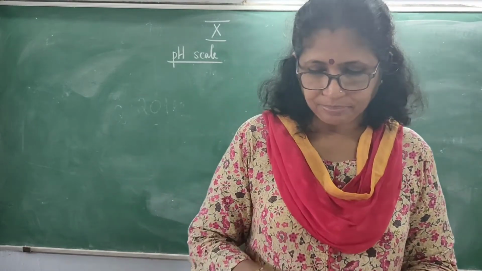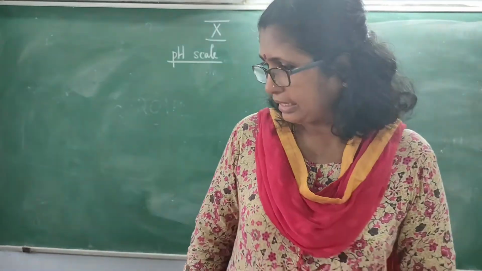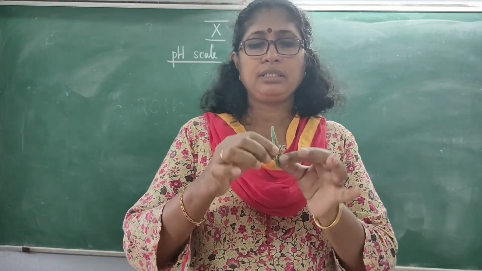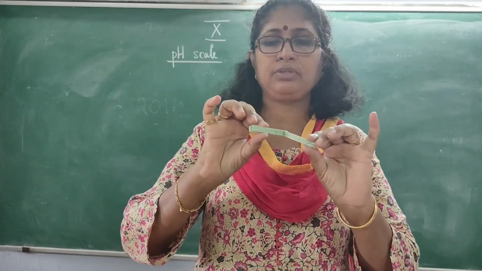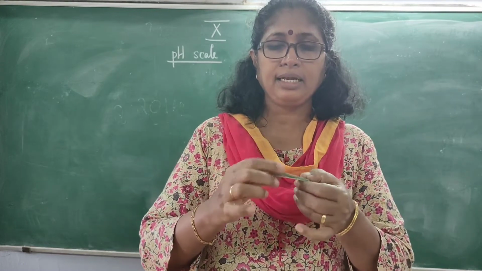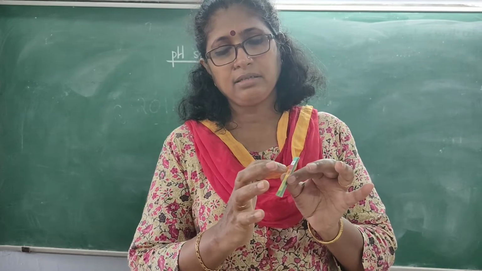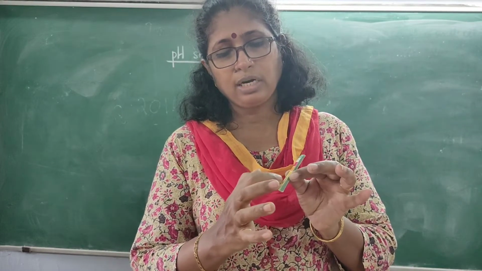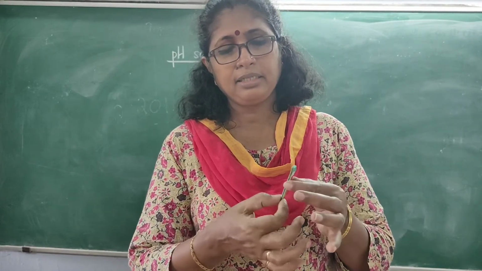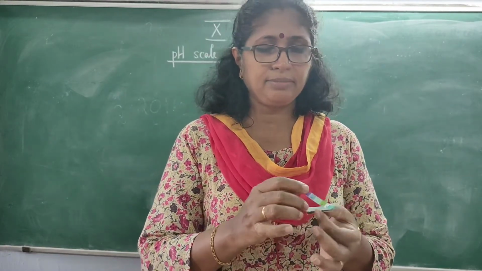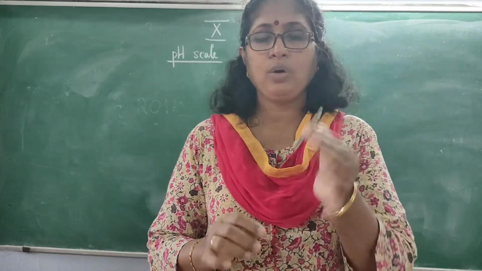So we will see. What I have taken is a pH paper. See, these are pH papers. The pH paper is green in color. Here you see colors are given: red, then yellow, then for pH 7 it will be green, and for pH 10 it will be violet.